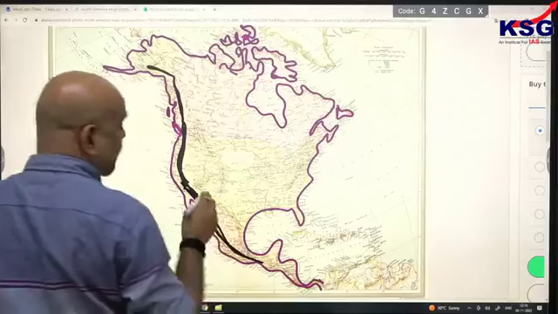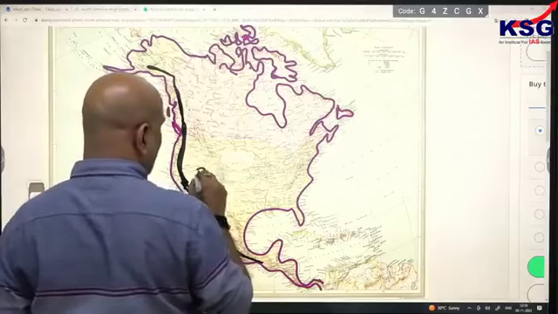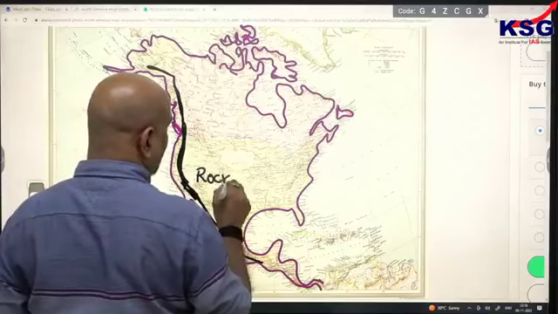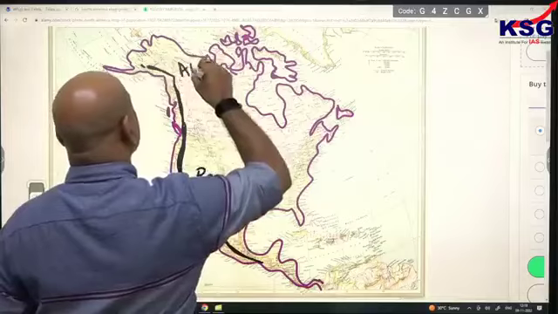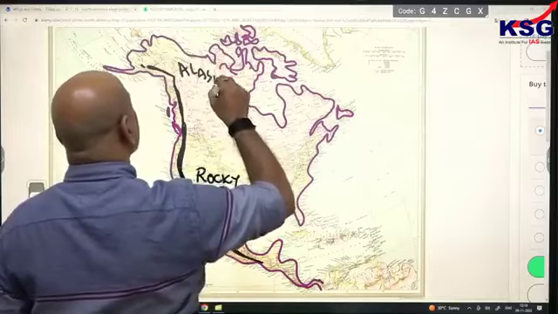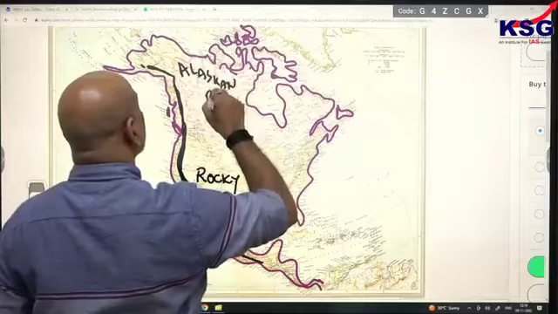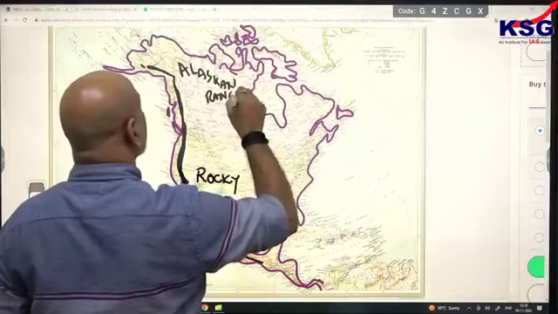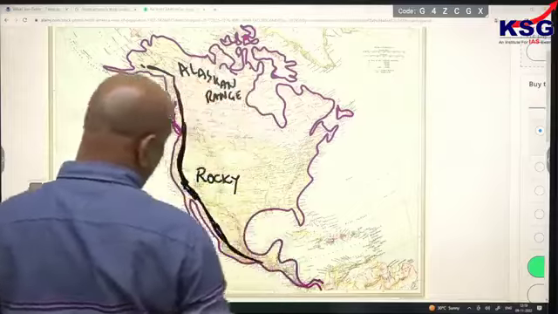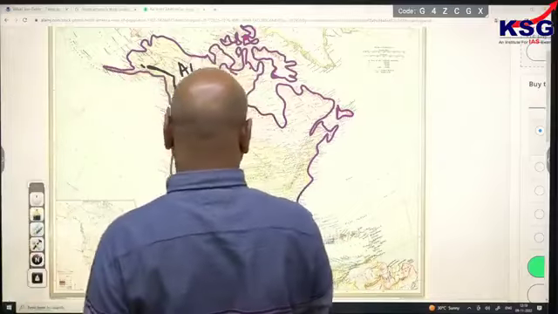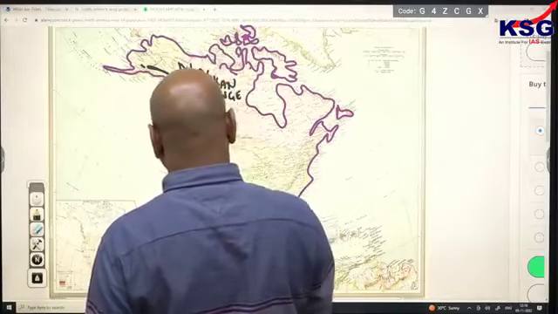In USA, it is known as the Rocky Mountain. It is known as Alaskan Range. This is known as Eastern Cordillera, Western Cordillera.